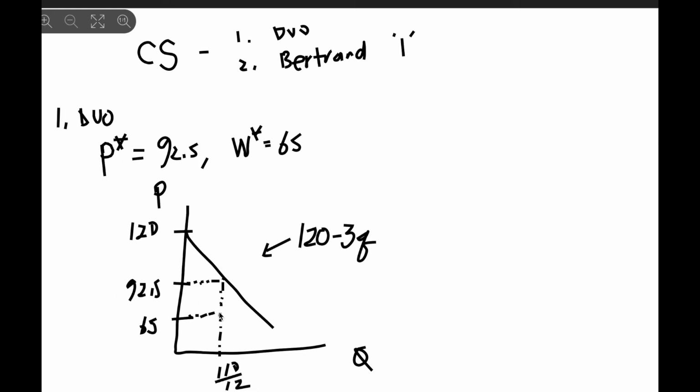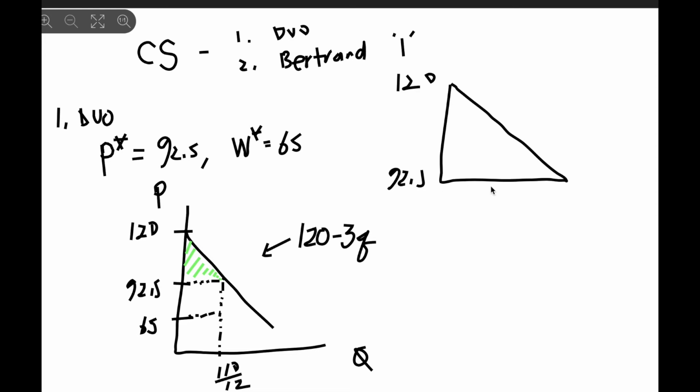So where is our consumer surplus? Our consumer surplus is right here. Like we did before, we're going to attach the triangle and look at it: 120, 92.5, 110 over 12, and we have 0.